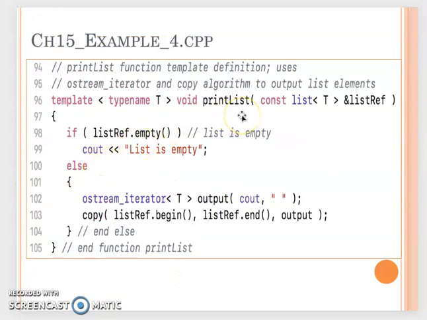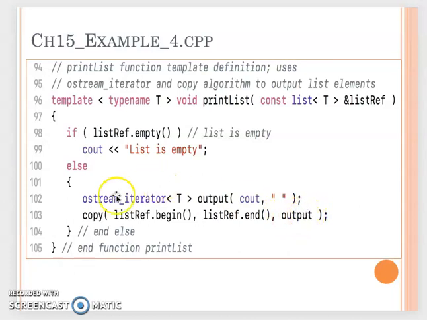Of course, we can use the iterator like before. But now, since earlier in example 3 we showed you the copy algorithm, which uses iterators as a range, you can just take the list reference we pass in here and give it the beginning and the end. Then you specify your output iterator.